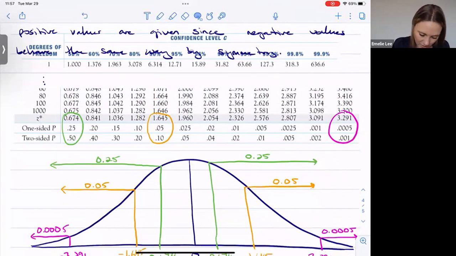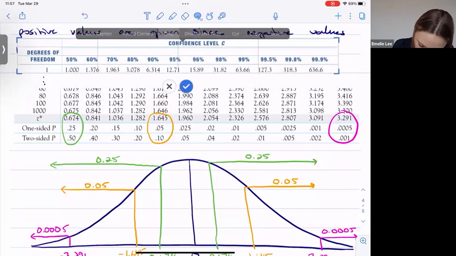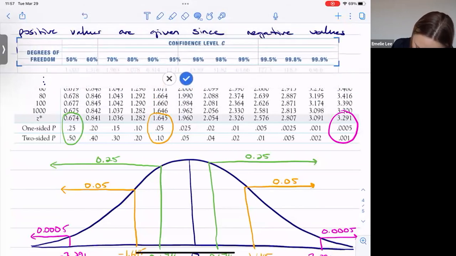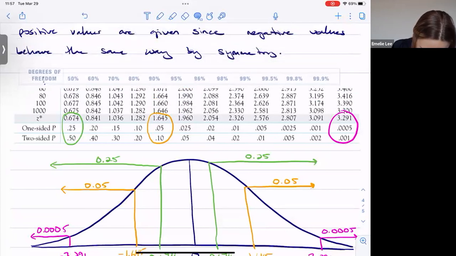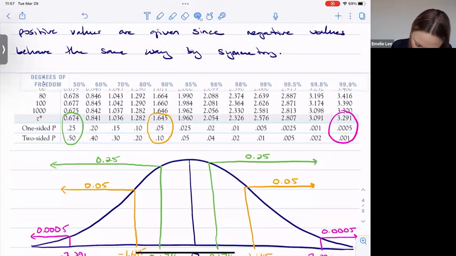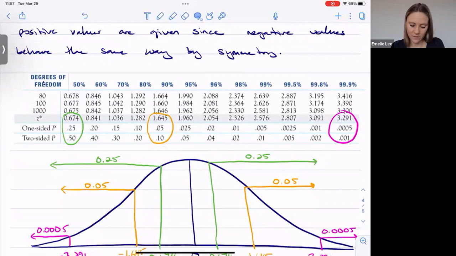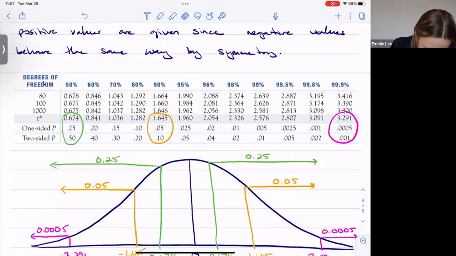I've managed to make a mess here. What if I crop it? And I put her there. There, I did it.